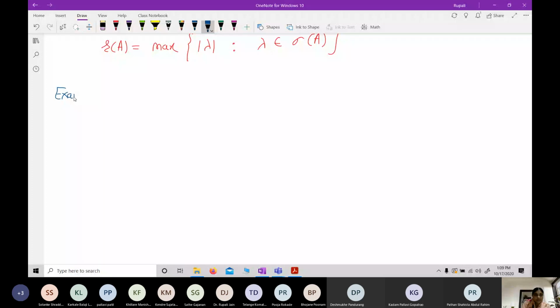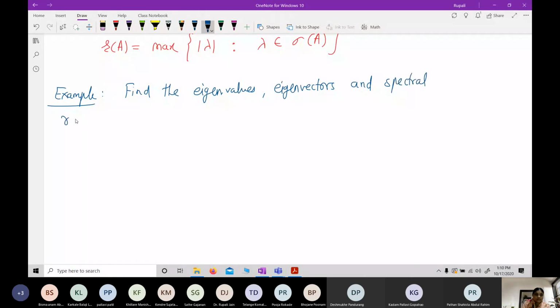Find the eigenvalues, eigenvectors and spectral radius for the 2 by 2 matrix A equal to 0, 1, minus 2, minus 3.